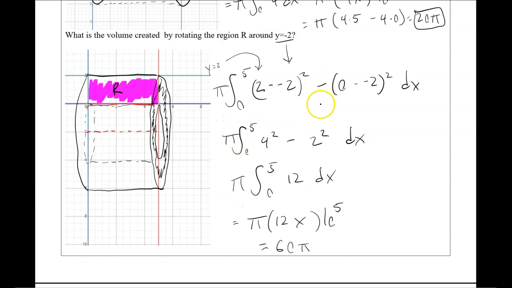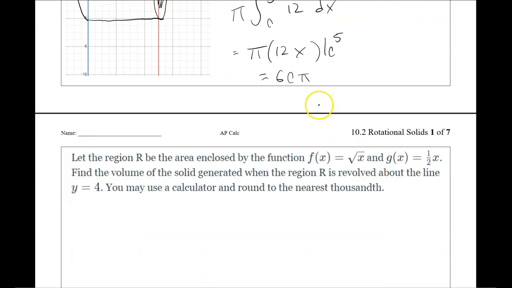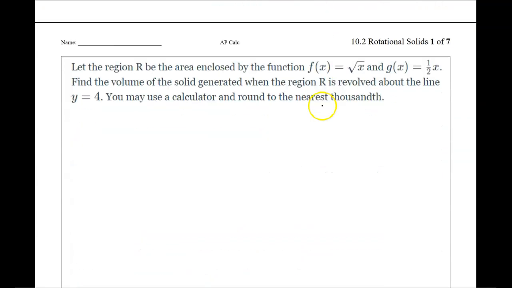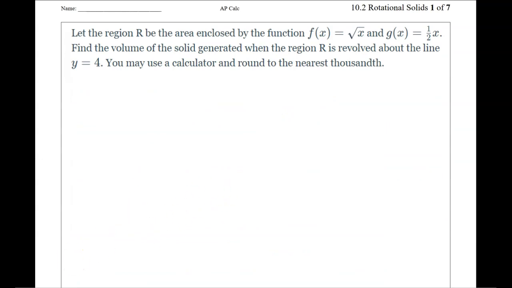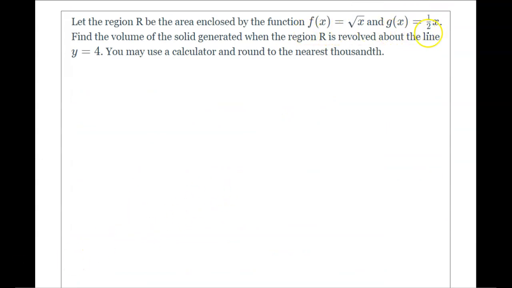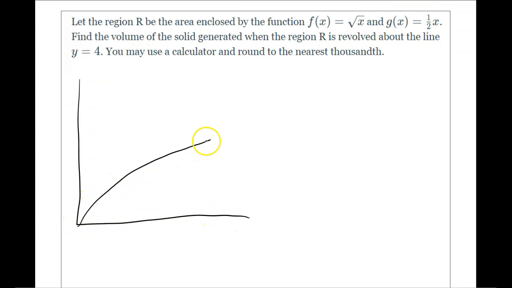Now, really why we're learning this method is to tackle a problem like this. So now we have two curves being revolved about the line y equals 4. I'm going to draw a picture real quick. So I happen to know that f of x looks like this. And g of x is just a line.